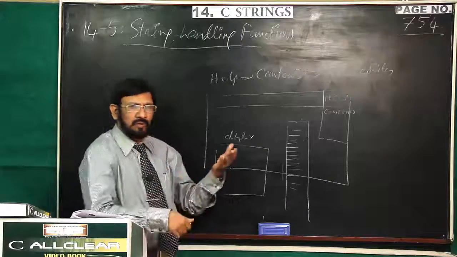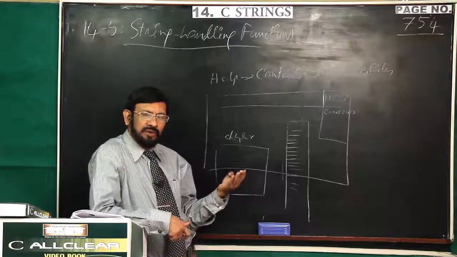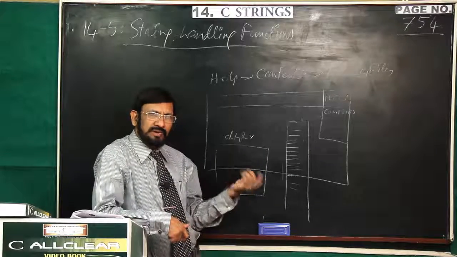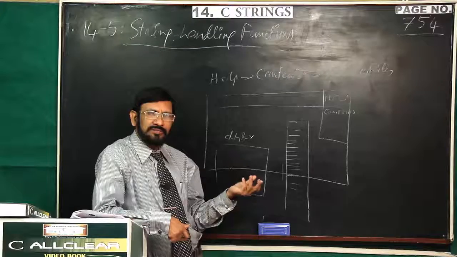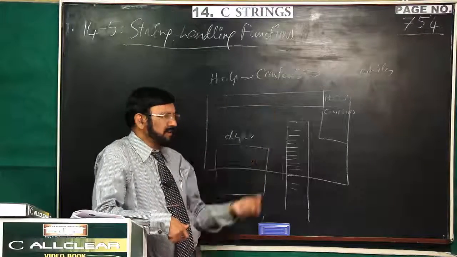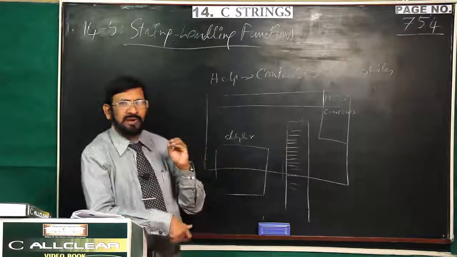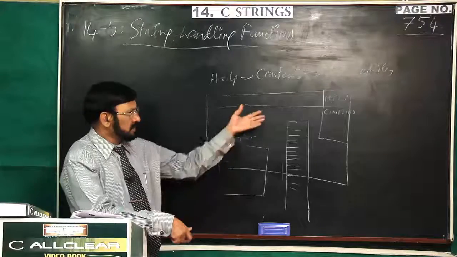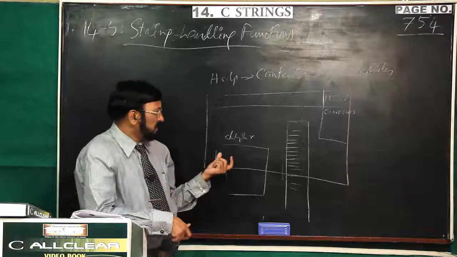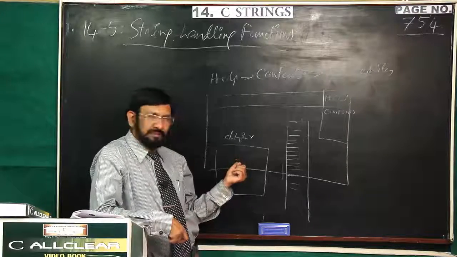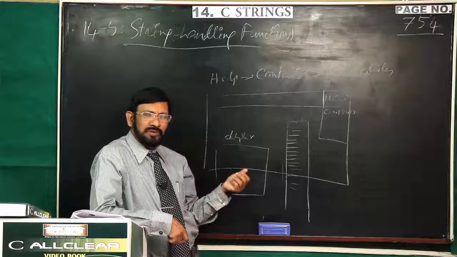Already I told you many times: stdio.h, math.h, string.h, ctype.h, time.h, stdlib.h, like that. By simply seeing the name, you know what type of functionalities the header file provides. Then you go to individual functions in the header file, study their features and functionalities. By that, you can develop any project.